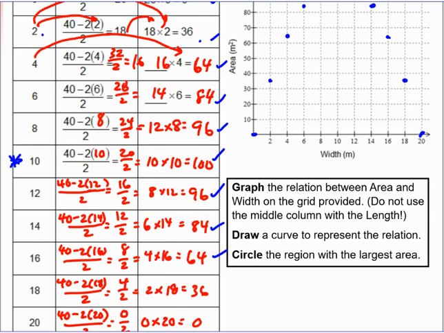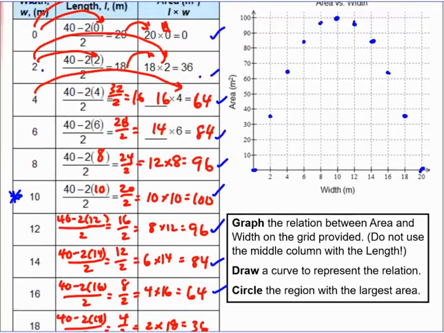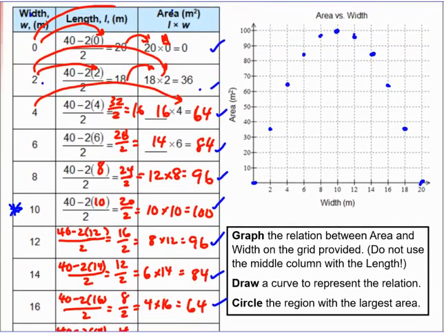Okay, so what does it look like? We just did not long ago curves of best fit and lines of best fit. So draw the relationship, draw the curve. So the curve is kind of like going up, up, up, peaking and coming back down. Okay, circle the area with the largest.